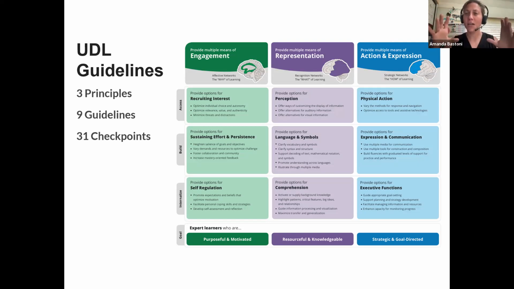So we really say, look, offer flexible options and multiple ways for people to engage, multiple ways to consume the information, representation, to take that information in, and then multiple ways for people to show what they know or demonstrate what they've learned, right? So really it's about options and choice.